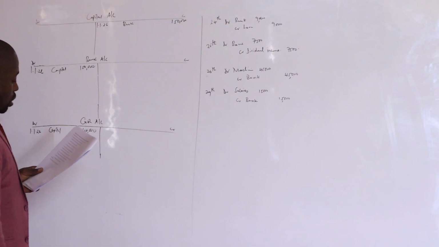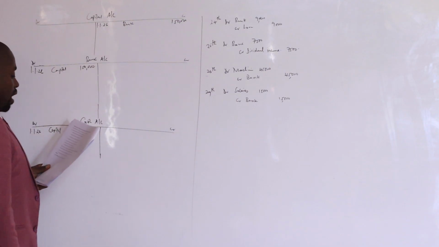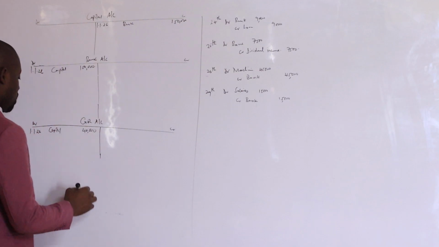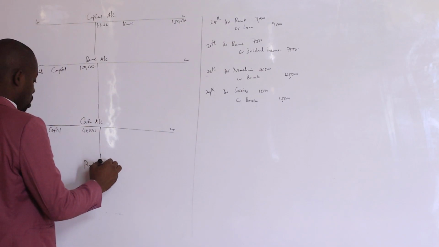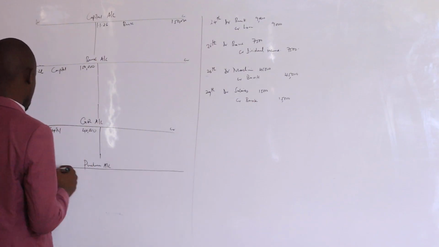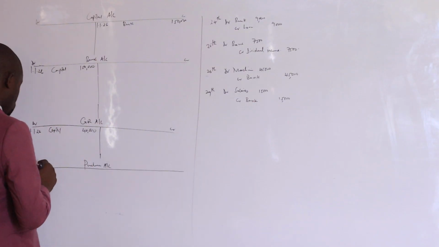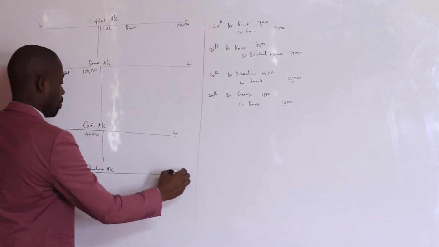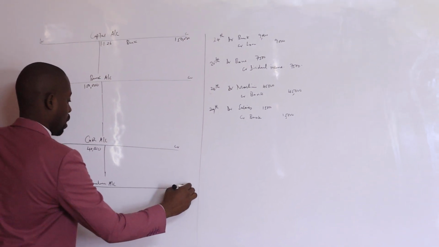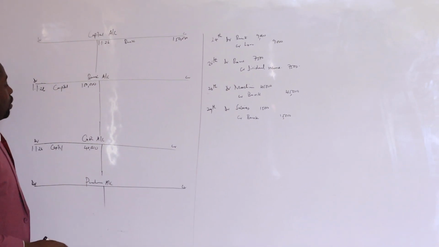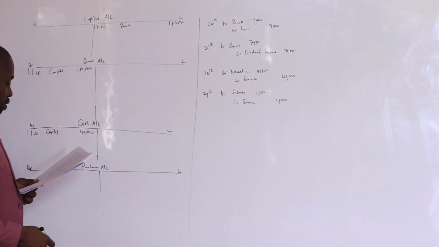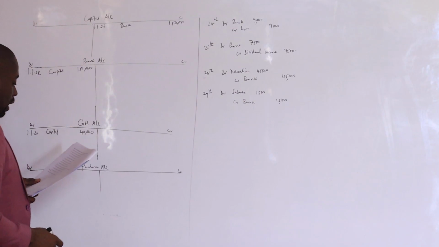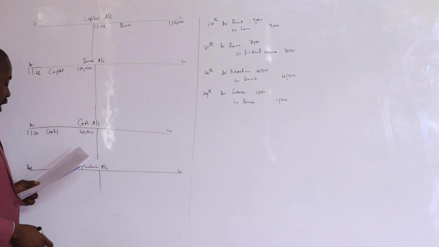Bought goods from Caris Distributors by check. That is purchases. We debit purchases, credit the mode of acquiring the goods. So we shall debit purchases by 4,000, which is against the bank account.